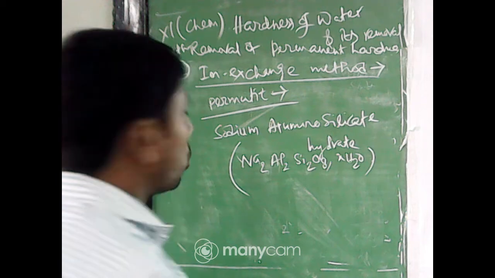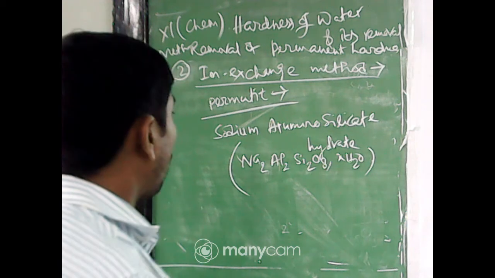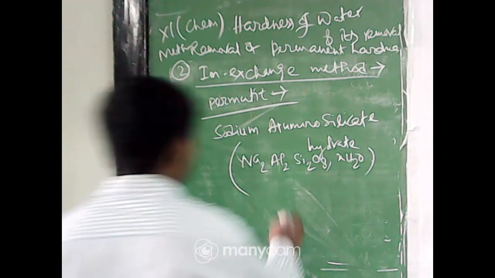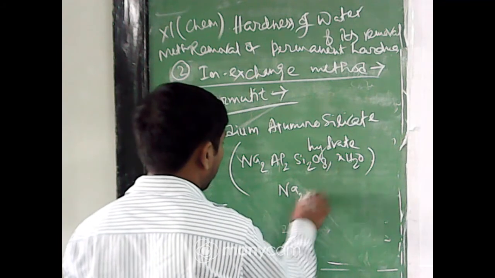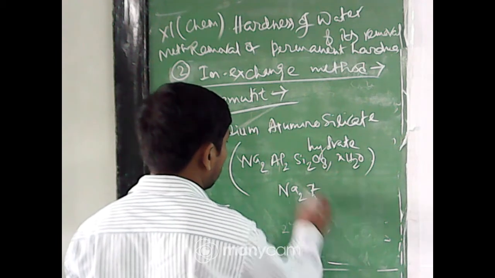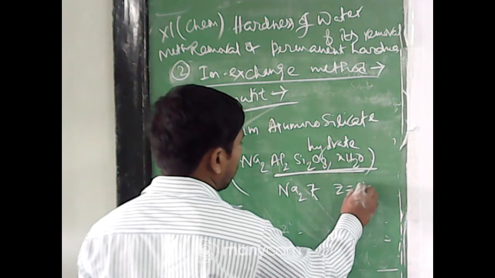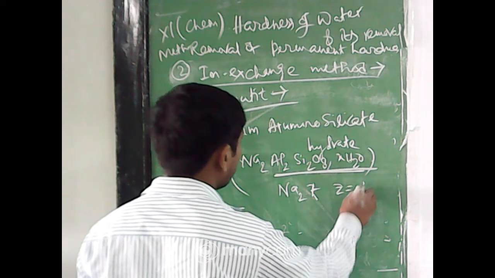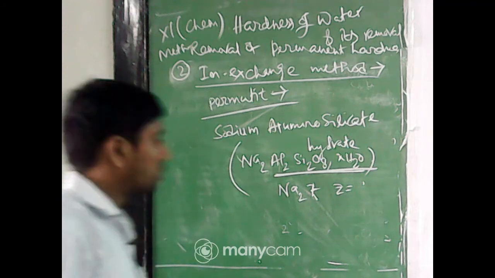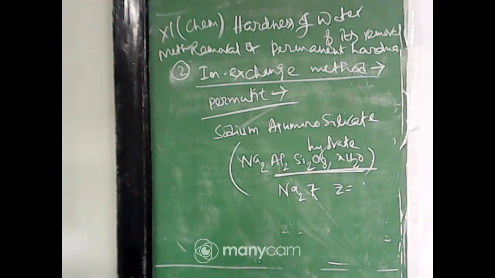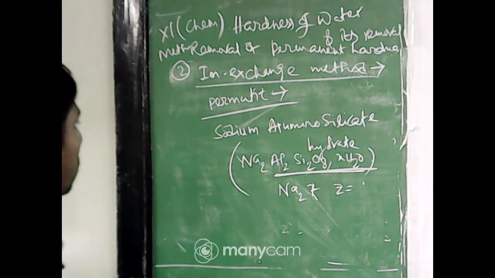Hydrated sodium aluminosilicate is called Permutit, and the general formula is Na2Z, where Z is called zeolite.